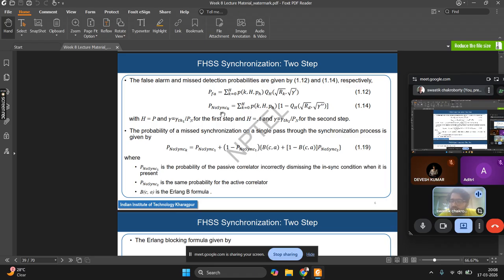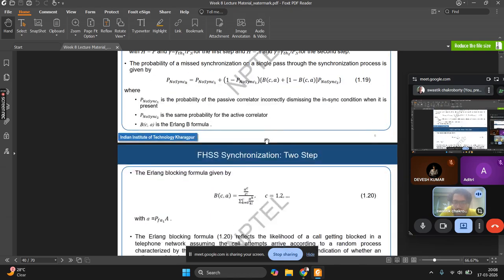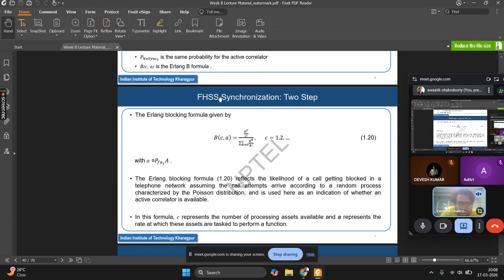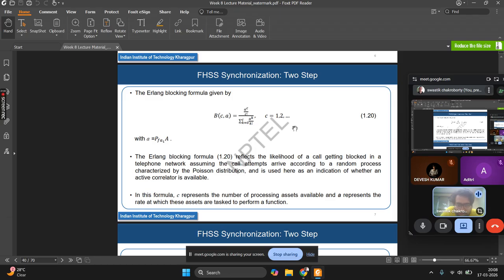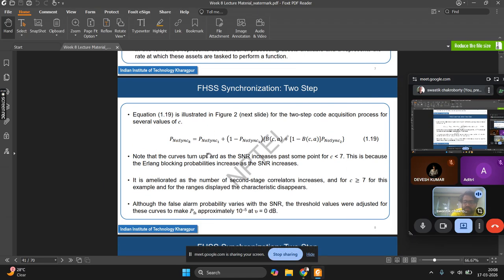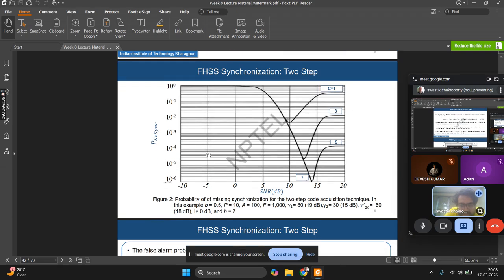So the false alarm and misdetection probabilities are given like this, and there is a load analysis using the Erlang B formula. Basically, the system is busy, the active correlators are busy. What is the blocking probability if the correlators are busy? That kind of analysis is given.